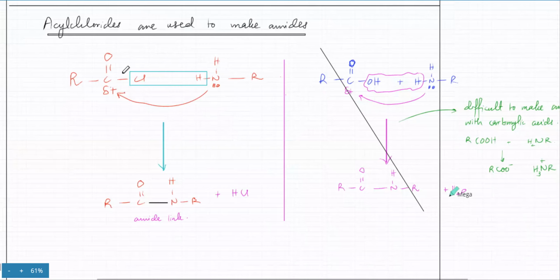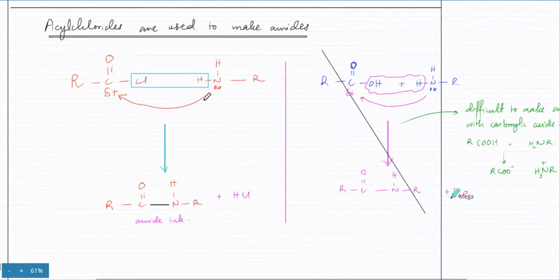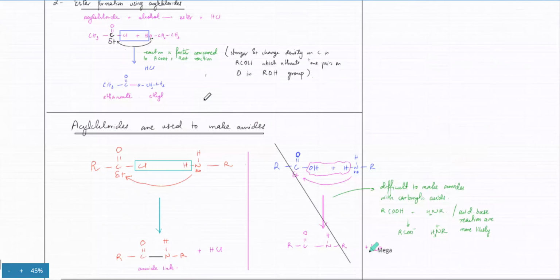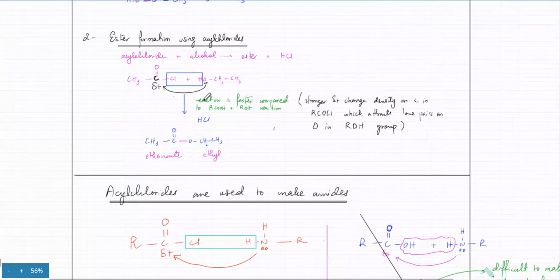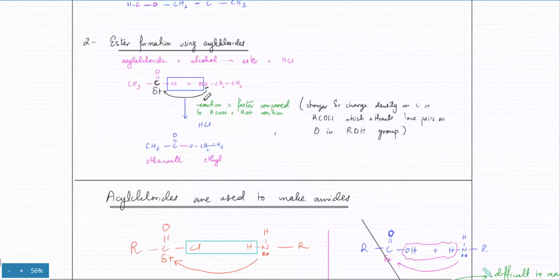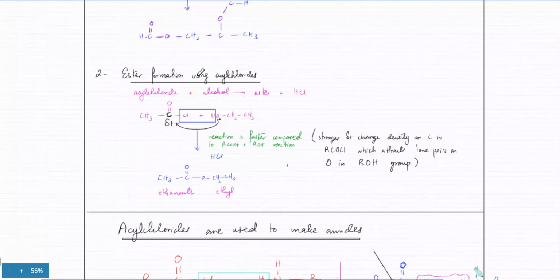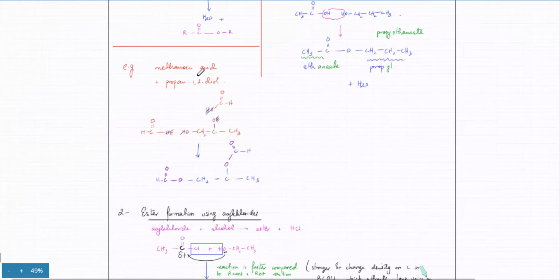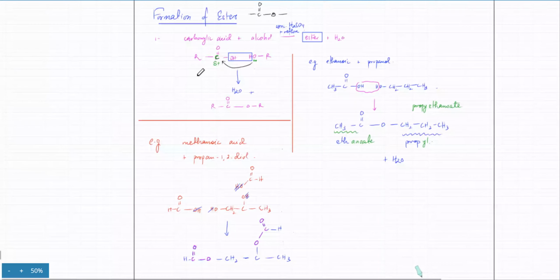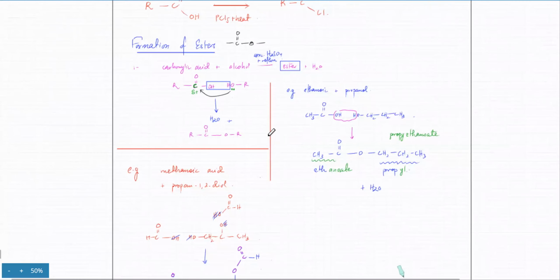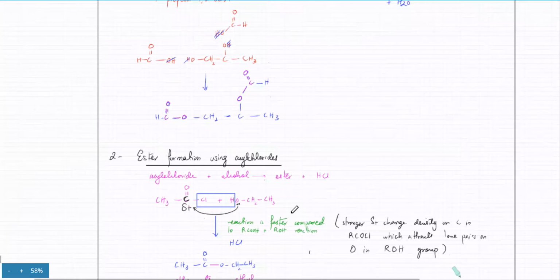And the same reason applies that the positive carbon over here is going to attract the lone pairs on the N very, very strongly, so the reaction happens at a significant rate. Just remember that esters can be formed using acyl chlorides, and they can also be formed using the old conventional method, which is using carboxylic acids. With acyl chlorides, the reaction is much faster.